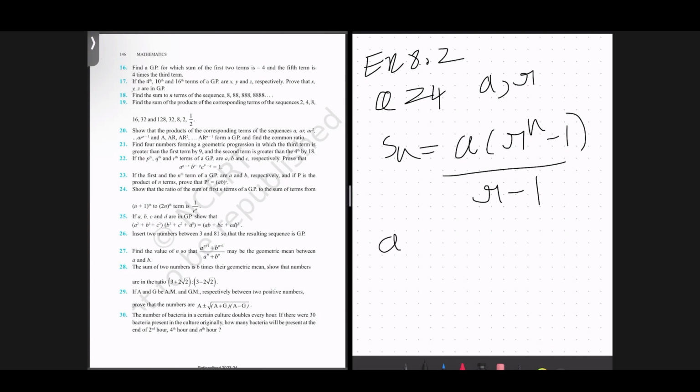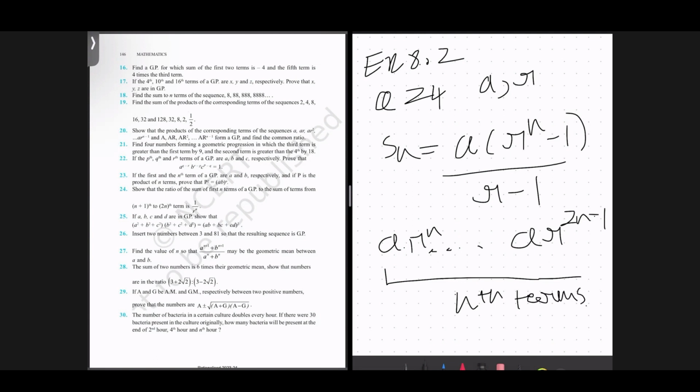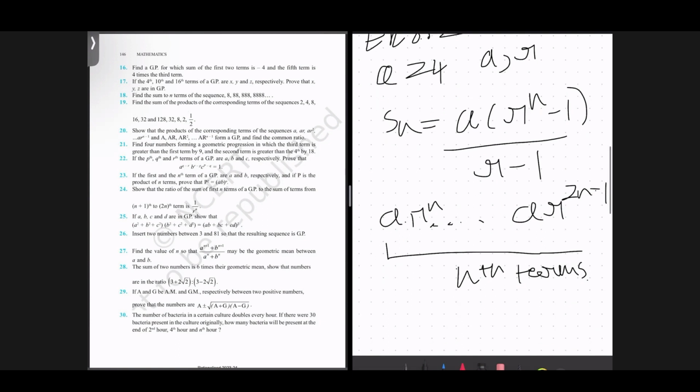N plus 1 term is going to be a r raised to the power n, and the 2n term of this particular GP would be a r raised to the power 2n minus 1. So these are n other terms with common ratio as r, and the first term as a r raised to the power n, right?